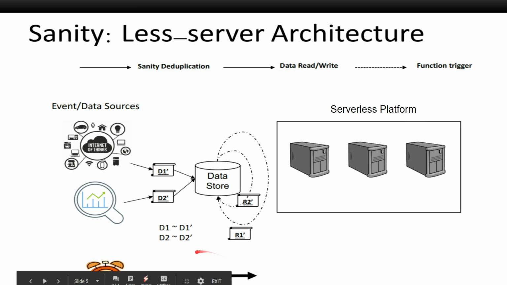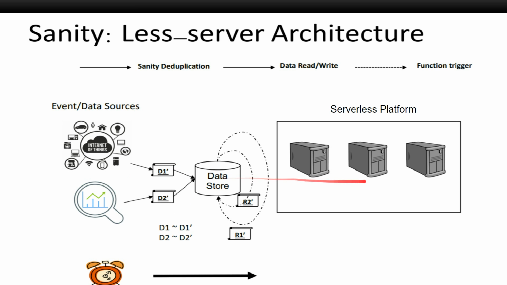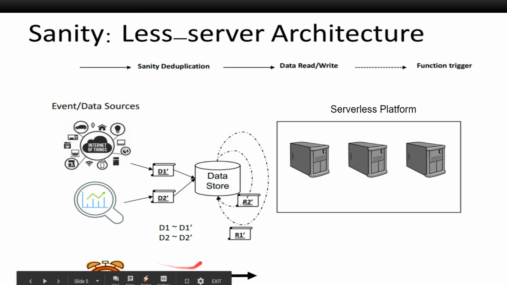Now imagine a scenario where we have the same cluster of IoT devices generating the data constantly, and we have the same analytics dashboards that are generating the data. Now, when unique data comes into the data store, we execute the functions. But when duplicate data comes into the data store, we are no longer computing the functions again.